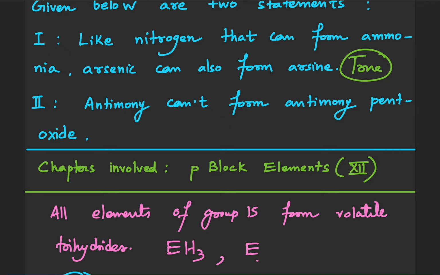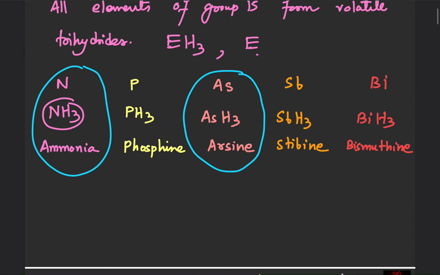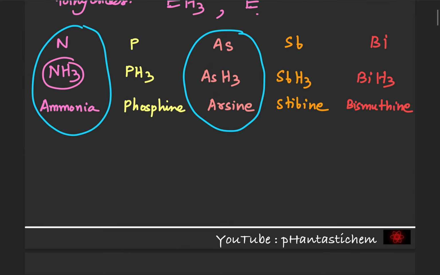Since oxygen is more electronegative than all the group 15 elements, that is, oxygen is more electronegative than nitrogen, phosphorus, arsenic, antimony, bismuth, all of them, therefore group 15 elements show positive oxidation states when they form compounds with oxygen. Very important. Okay, so I will write that down.